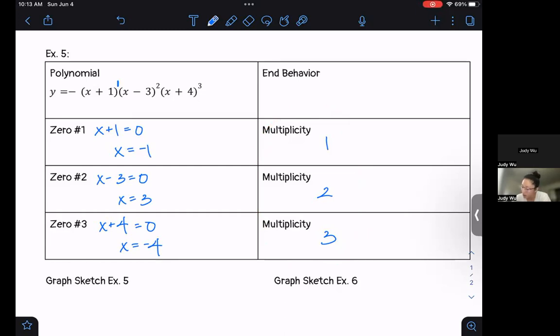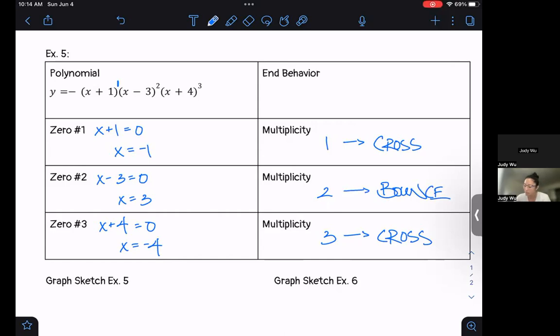So remember, every odd multiplicity, 1 and 3, those are going to cross the x-axis, all right? But every even multiplicity, so even multiplicity, not like the 0 is even or odd, okay? So even multiplicity means that we bounce back, okay?